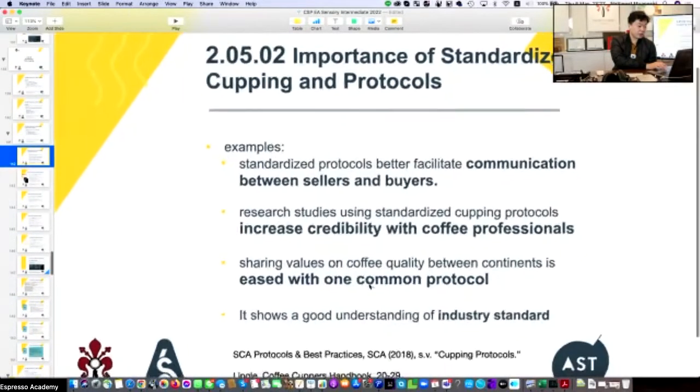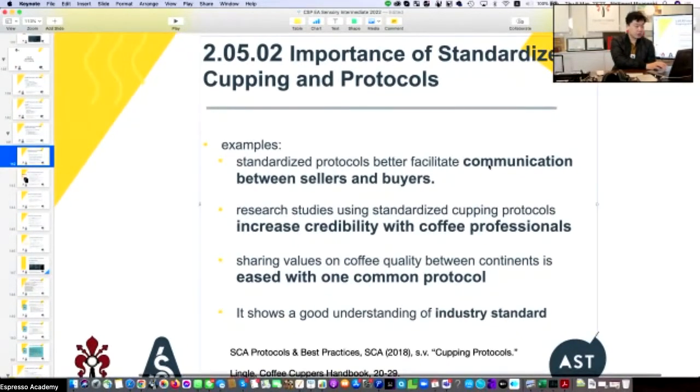As you can see, when you create a protocol, this protocol will help you communicate between seller and buyers, as already mentioned. Why do we use flavor wheels according to SCA? Because we want to communicate the same information to the buyers.